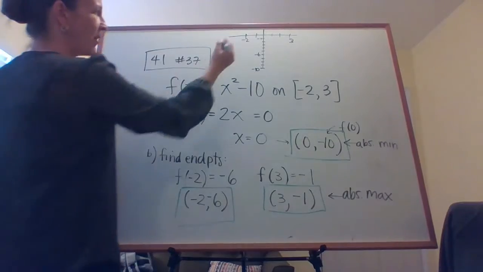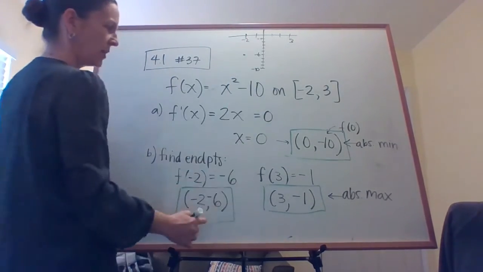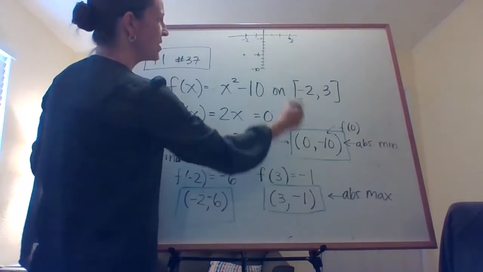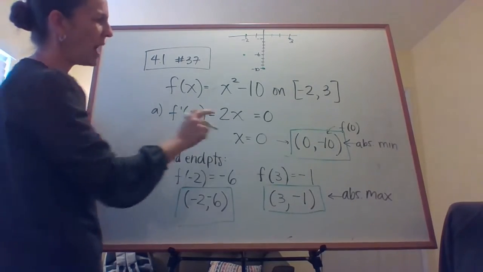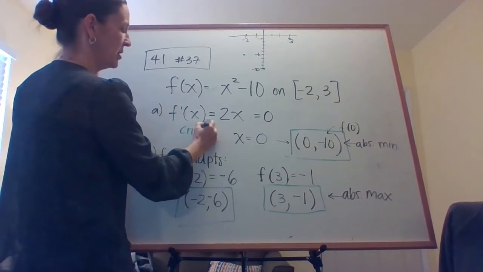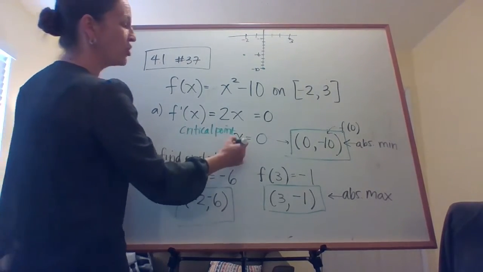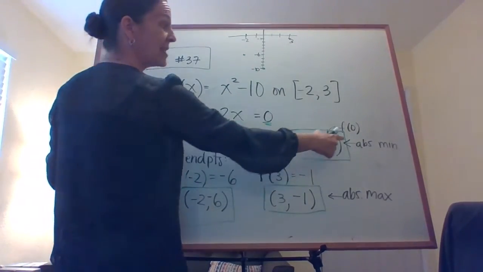So what I have is the point (-2, -6). I've got the point (3, -1), that's up here. And then I have (0, -10) down here. Now I haven't figured out anything else about the graph, but remember I know this was a critical point. If it's a critical point, then the derivative was 0 at that point, and I know it's a minimum.